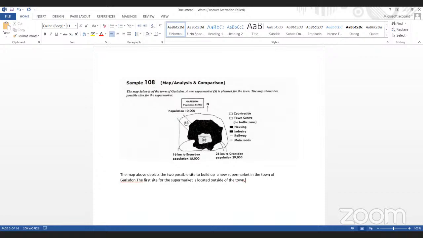And pretty much near to the main road. So as there's no time frame, you can use present tense.